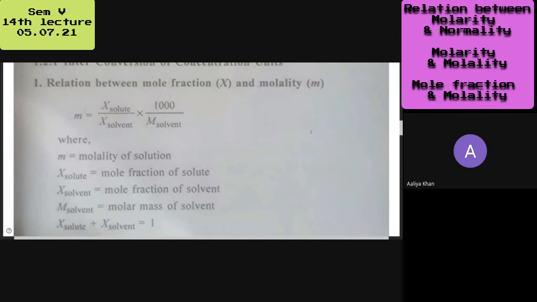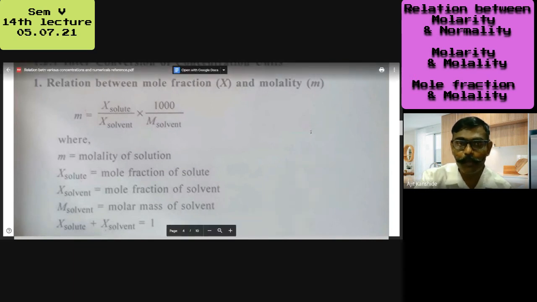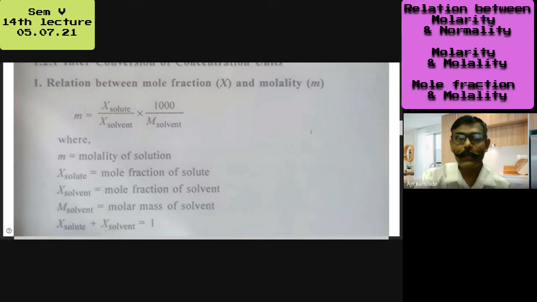The number of moles of solute. Divided by the mole fraction of solvent, only the numerator will be left because the denominator got cancelled. The numerator for the mole fraction of solvent is the number of moles of solvent. So this relation means the number of moles of solute divided by the number of moles of solvent.